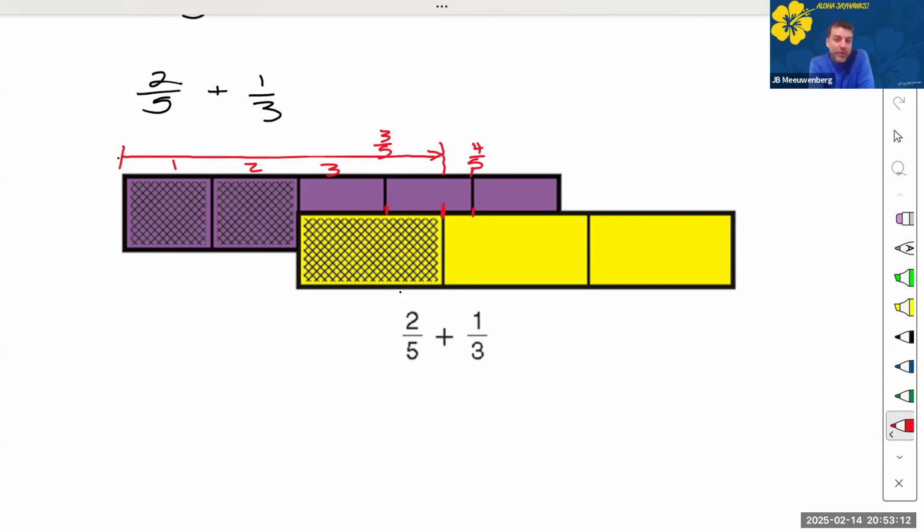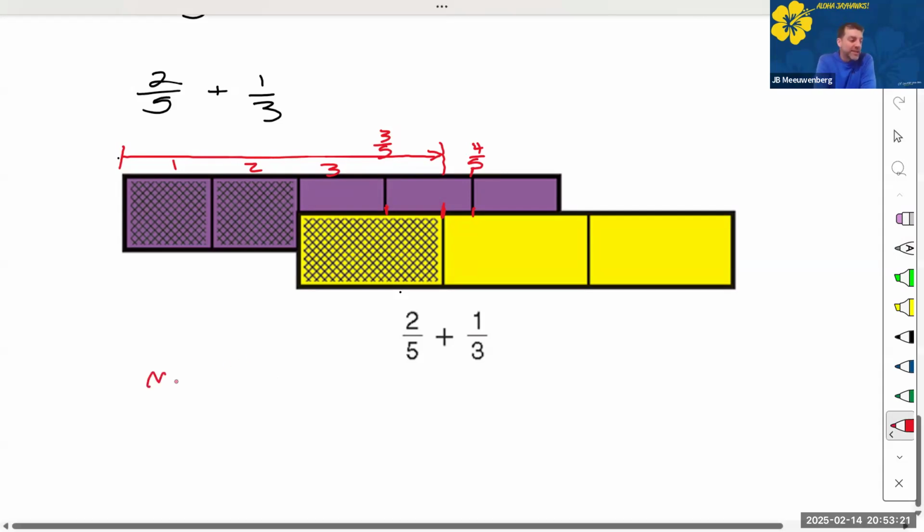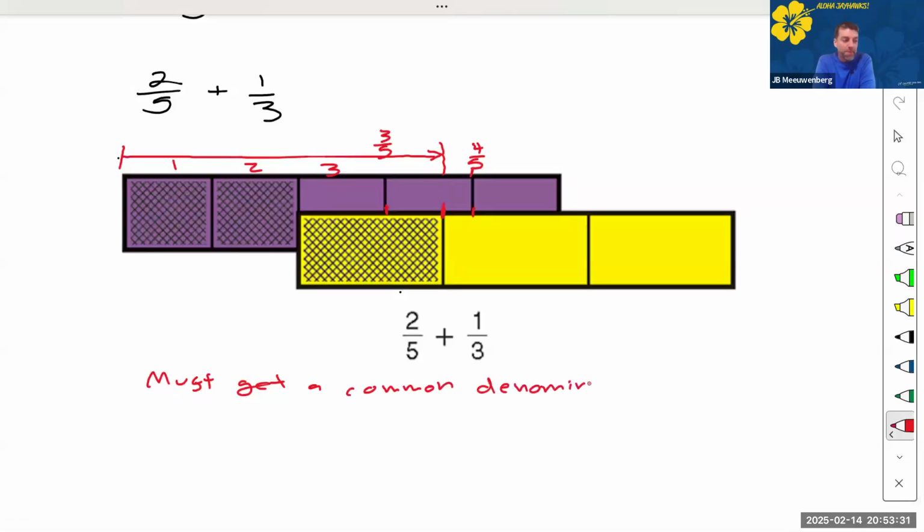But we can't do it unless we replace the two fractions with fractions having the same denominator. We must get a common denominator. And we spent the whole last video talking about common denominators. So you should feel pretty comfortable with that at this point.